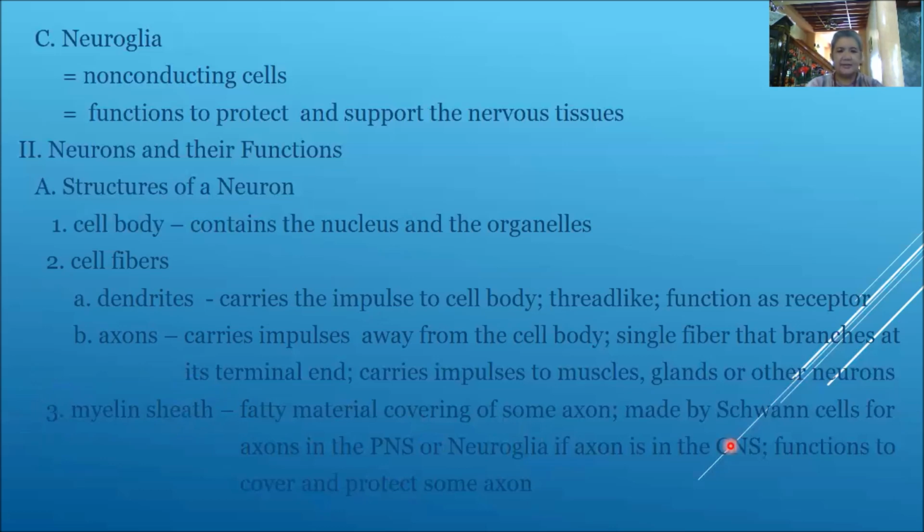For the axons in the peripheral nervous system, the myelin sheath comes from the Schwann cells. But for the axons in the central nervous system, it will be coming from the neuroglia. Now, the function of your myelin sheath is to cover and protect some axons.